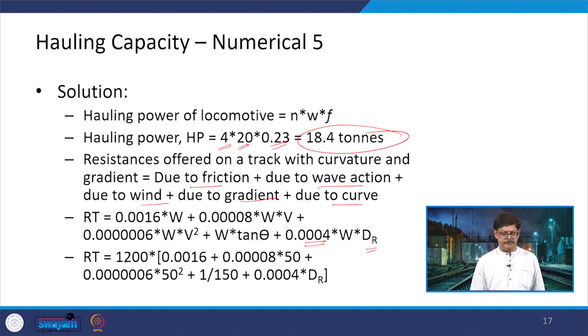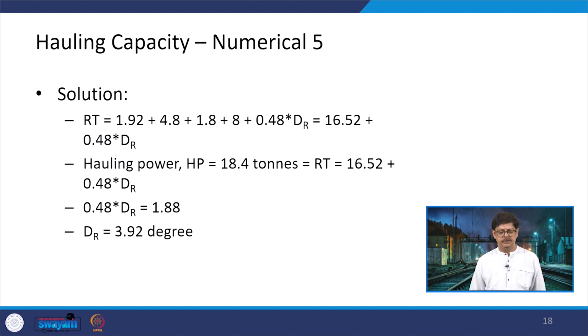W is given as 1200, V is given as 50 kilometers per hour, and the gradient is given as 1 in 150. If we put all these values here, we get an equation of 16.52 plus 0.48 Dr, and this is correlated with the hauling power available as 18.4 tons.